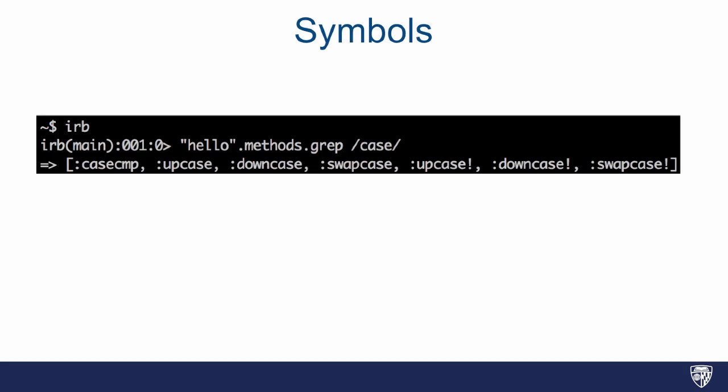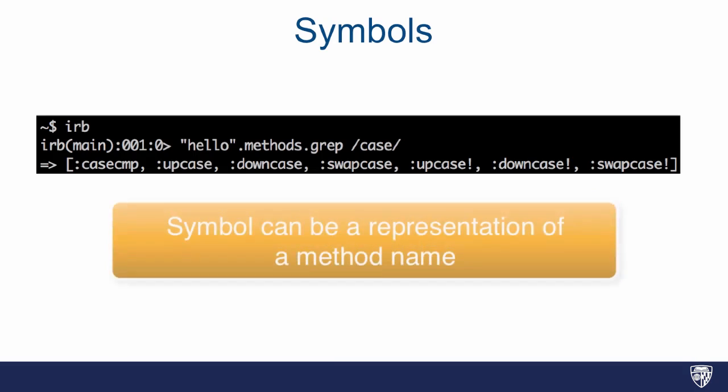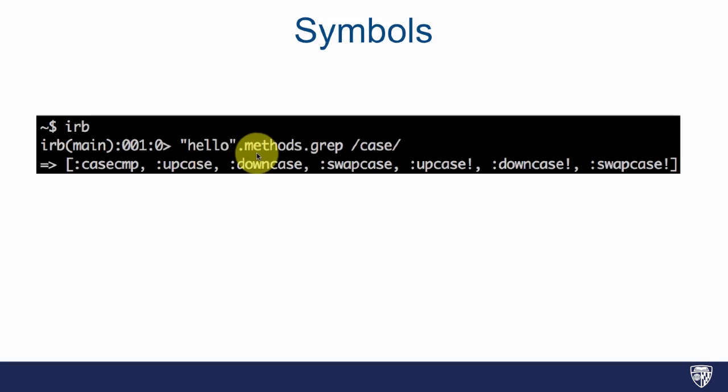A typical example of what you see in Ruby is that a symbol is a representation of a method name. For example, on any object in Ruby, you could just ask, what are my methods? And it will give you all the methods that this object supports. In this case, we are doing something a little more than that. We are grepping the methods for the word "case".